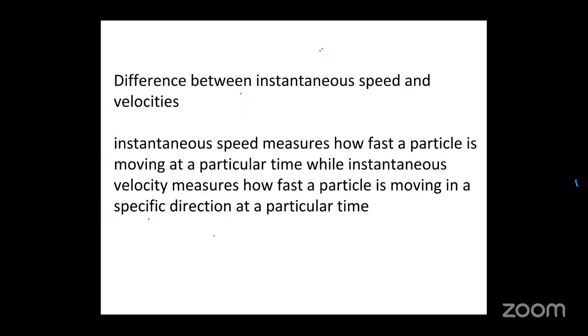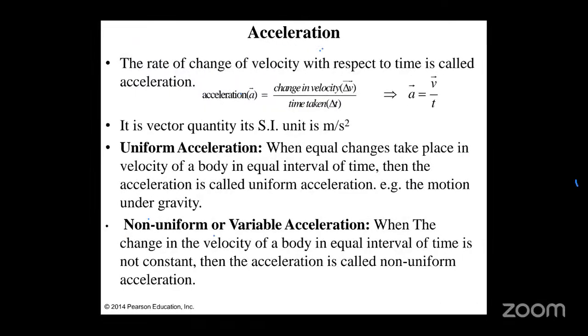The next quantity is acceleration. The rate of change of velocity with respect to time is referred to as acceleration. a is equal to v over t. Acceleration is a vector quantity and the unit is meter per second squared.